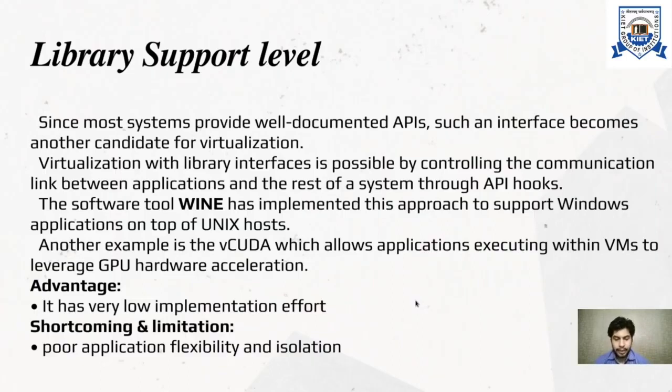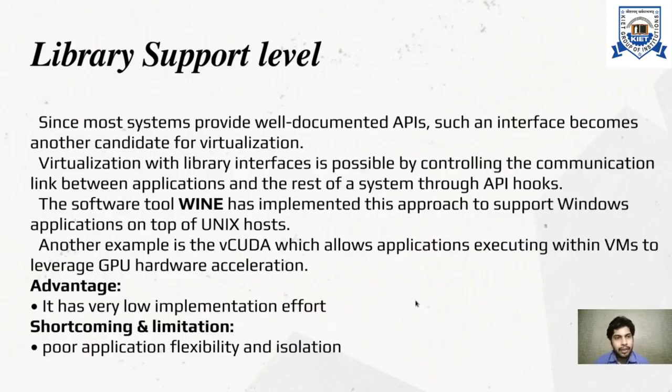As we all know, applications which are installed in a particular type of OS communicate with that OS with all these libraries and APIs. So adding a virtual layer at this library level will help us to support all those applications which may or may not be developed for that host OS. Wine is the perfect example of that.